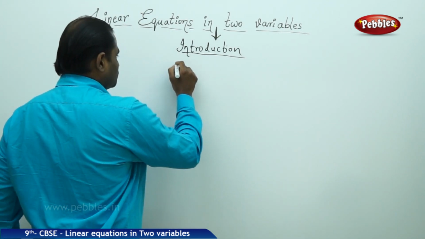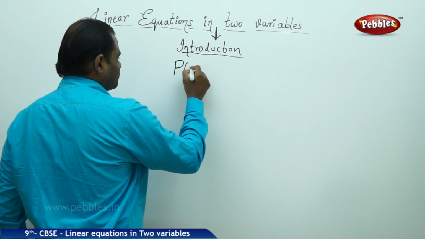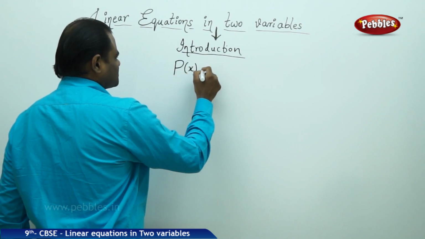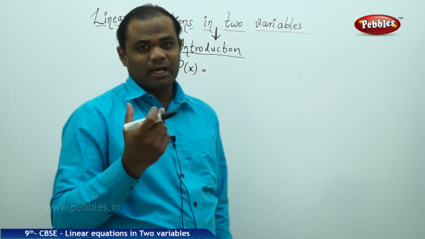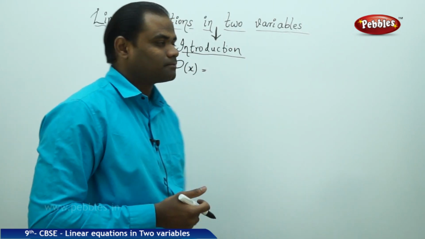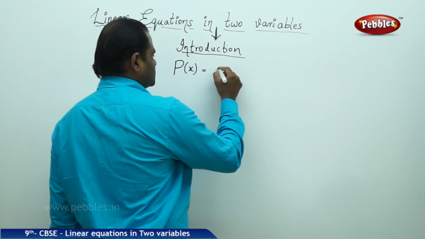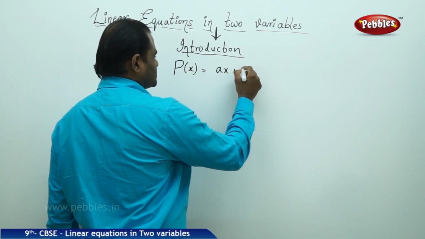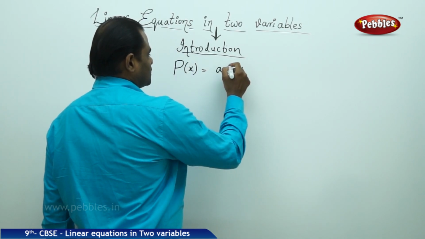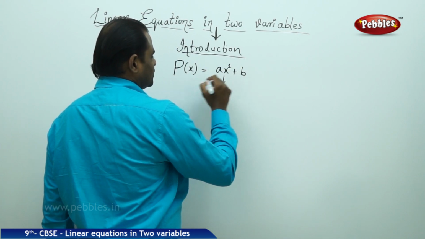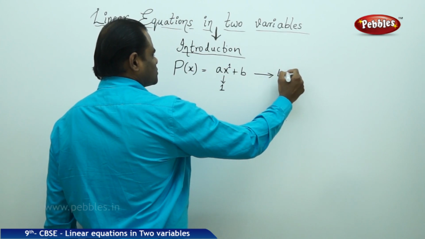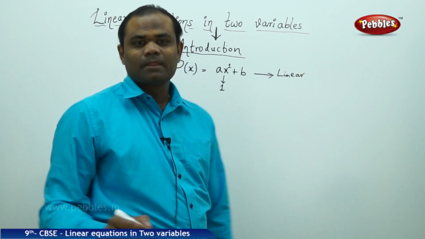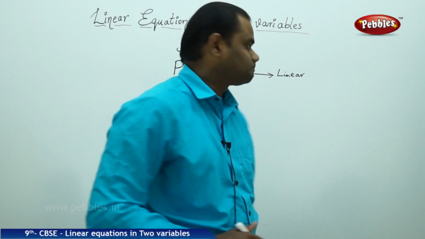As we know, the polynomial function denoted by p of x with variable x is linear if it has its highest degree of the variable as 1. Say for example, I have ax plus b. In this case, the highest degree of x is 1, and hence such a polynomial is called a linear polynomial in x.